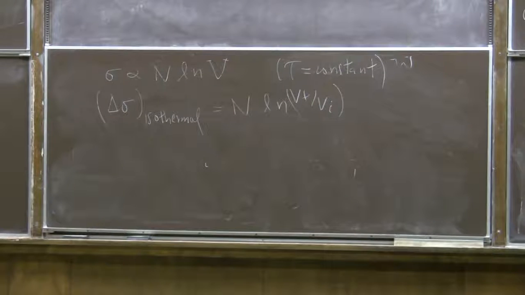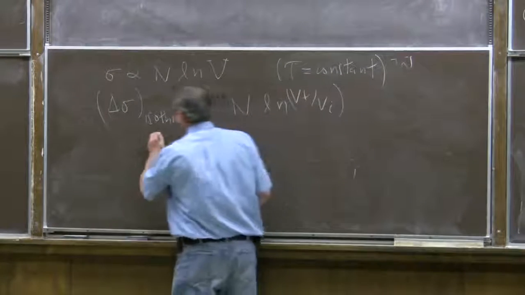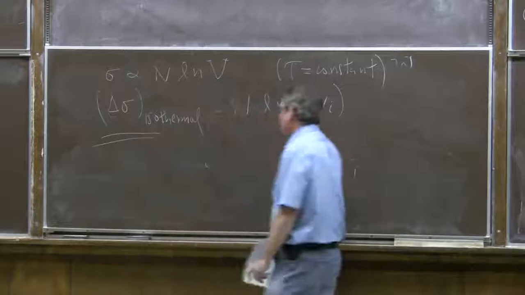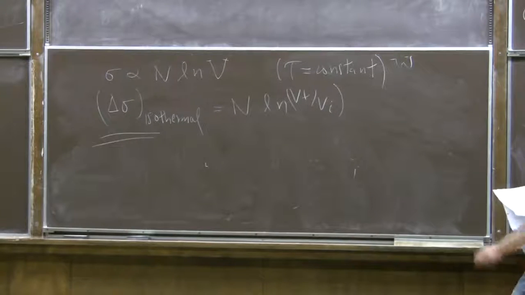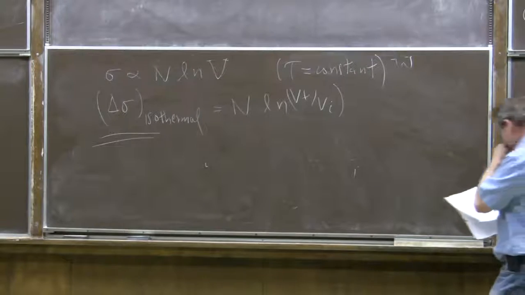And the change in the entropy, of course, is going to be the same in both isothermal strokes because we're considering a reversible process. So the ratio of final to initial volume is the same in both strokes.